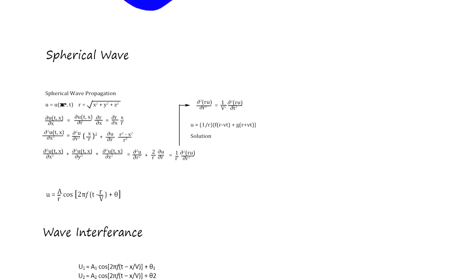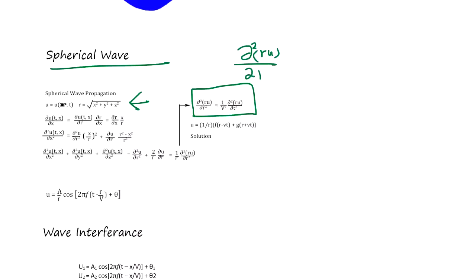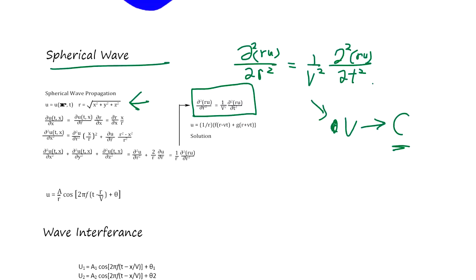And for a spherical wave we convert into polar coordinates. So this 3D wave becomes a very simple equation. Okay, so remember this, r square is going to be speed square, and you can guess, if you're talking about light speed, this speed v becomes c, light speed, right?